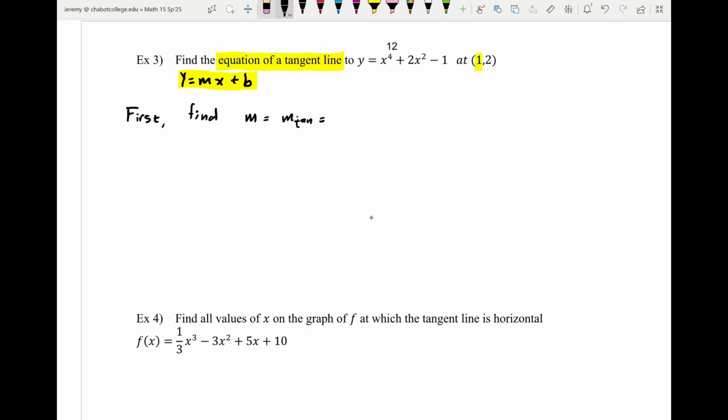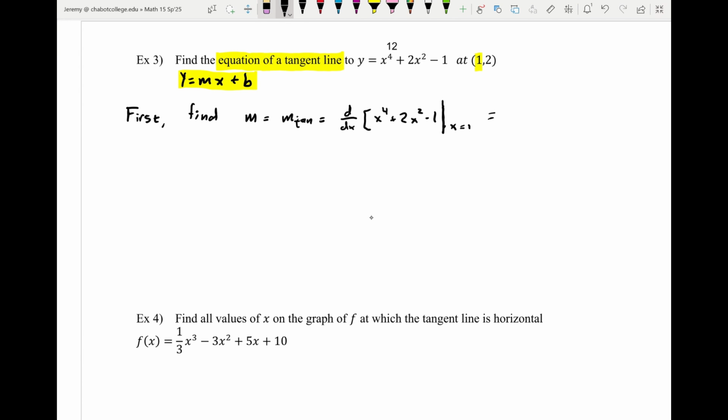Okay, and notation for this, it's going to be the derivative of our function x to the 4th plus 2x squared minus 1 evaluated at x equals 1. This is just a bar here. This is a notation. This just means the derivative evaluated at x equals 1.